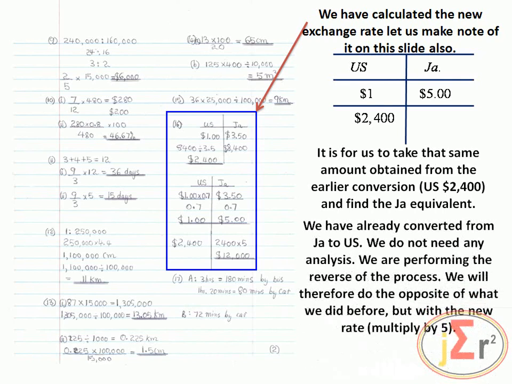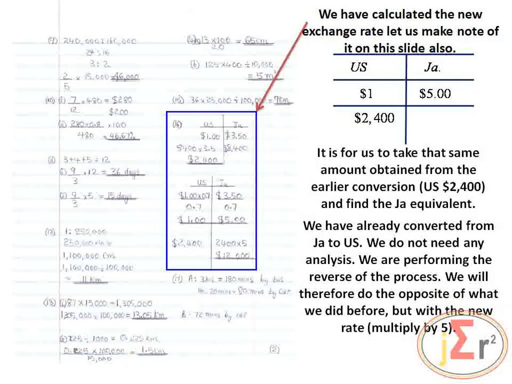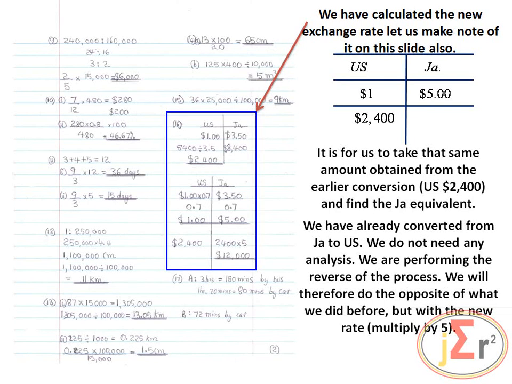We have already converted from Jamaican to US. We do not need any analysis. Remember that when we did from Jamaican to US, we divided, therefore we will multiply. We are performing the reverse of the process, so we will do the opposite of what we did before.